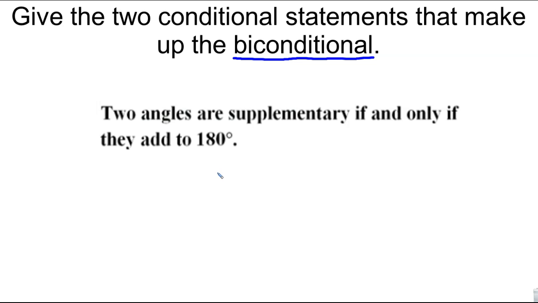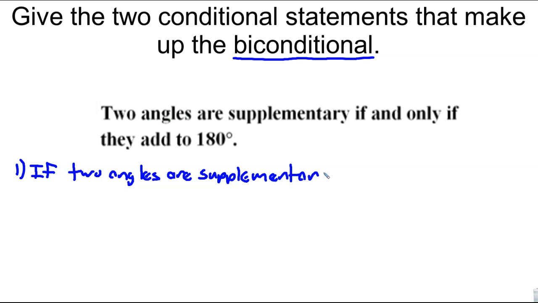And what I can do is I can make two conditionals out of that in either order. One would be if two angles are supplementary, then they add to 180.